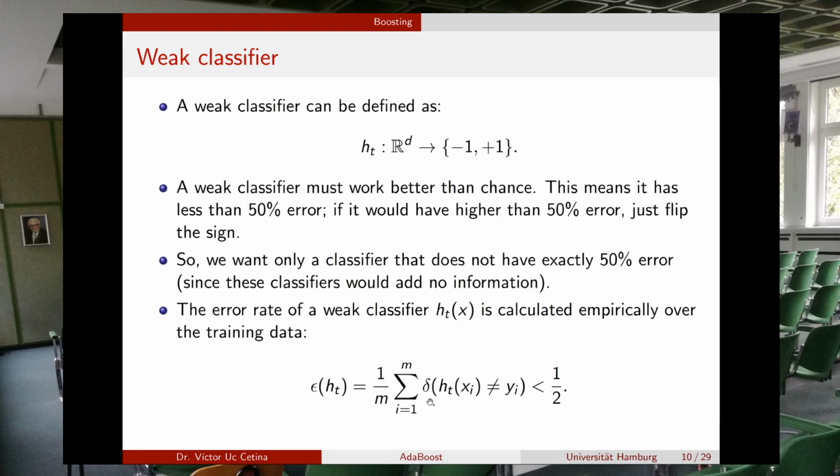Here this delta is going to have a value of 0 or 1 depending on this inequality. So if your current weak classifier is predicting a label that is different from the original label of that example i, this delta is going to evaluate to 1.